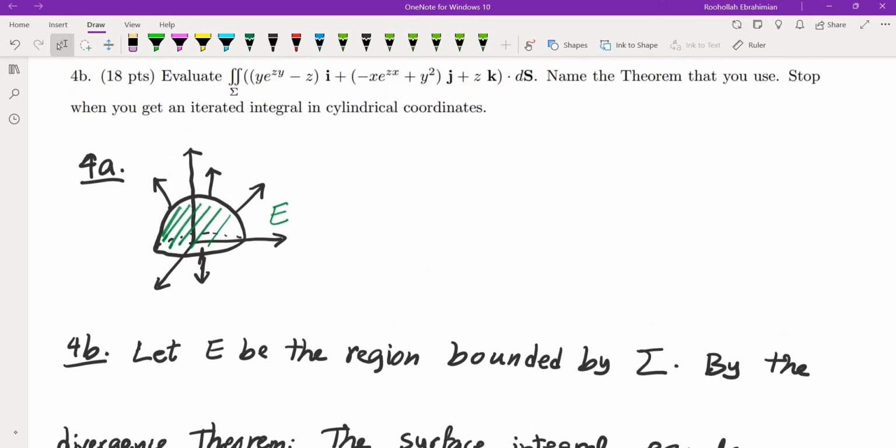So the top of this region is z equals 1 minus x squared minus y squared, which is 1 minus r squared. And the bottom is z equals 0.